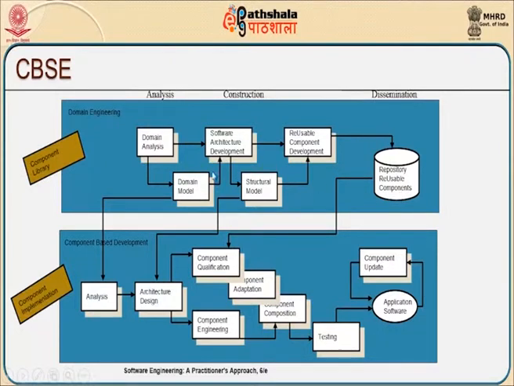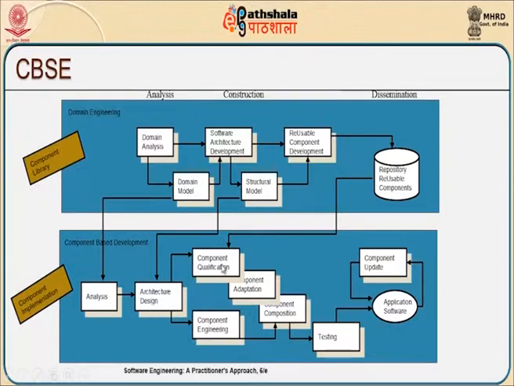So it has a conventional flow where analysis, design, implementation, testing and deployment are done in a sequential fashion, whereas the component based development model has the same sequential format, but components with appropriate qualification can be used as reusable components at later instances.